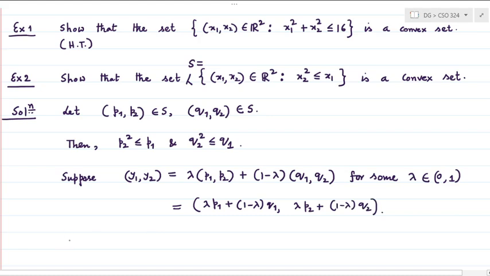Now we take the square of y2. We have to prove that y2 square is less than or equal to y1. What is y2 square? It is the square of lambda p2 plus 1 minus lambda q2.